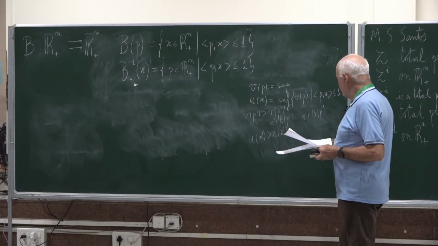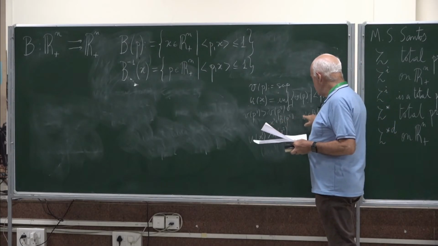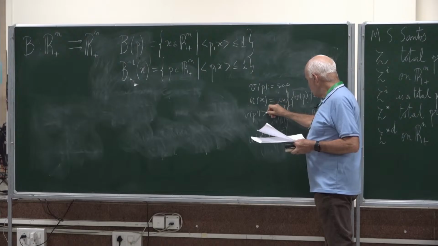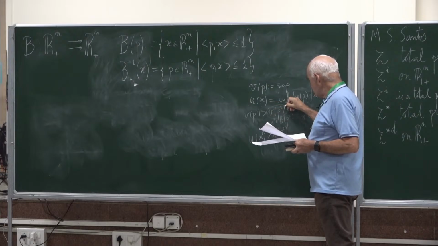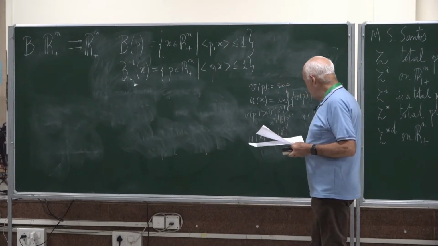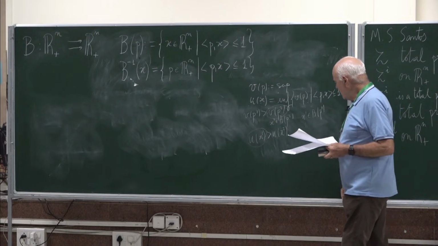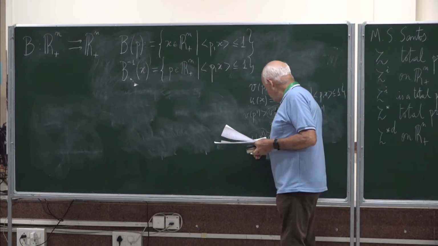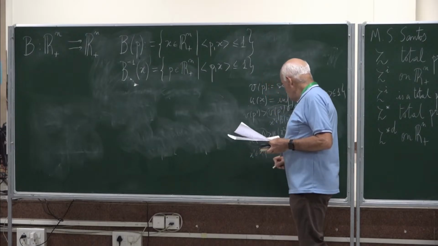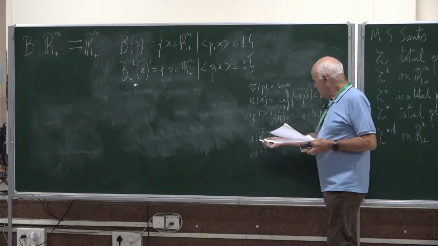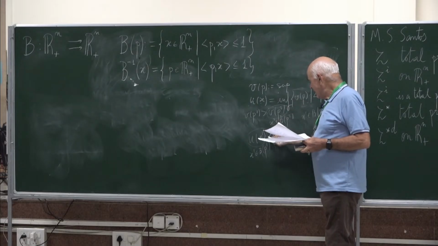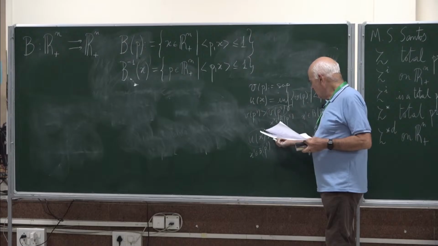So here I was considering the smallest, I should be considering now the largest, and then I would say for every p1 in B minus 1 of x1, what happens? That V of p, because this is an infimum, is greater than all this.